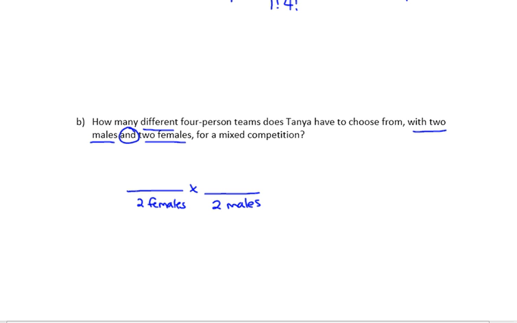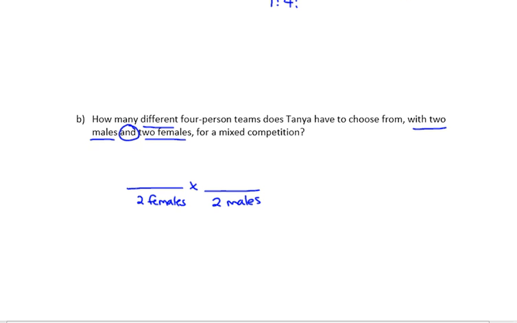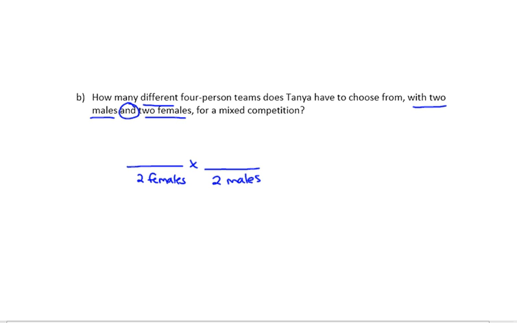If I said how many 4-person teams can Tanya choose from with at least 2 males, there are different cases: you could have 2 males, 3 males, or 4 males. You'd have to find each one separately and then add them together. So addition is only for separate cases. Here there's only one case. She wants 2 males and 2 females.